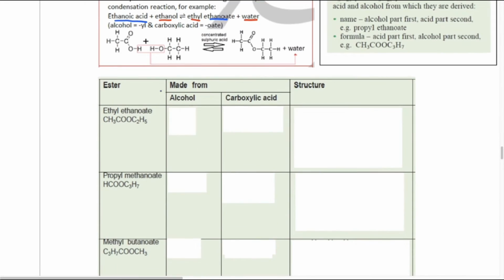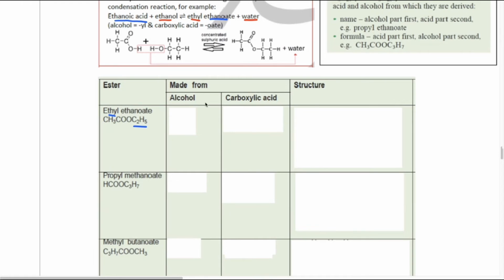Okay, so now we practice ethyl ethanoate. The alcohol is ethanol, which is C2H5OH. Let's say I follow the notes here. I follow their color.